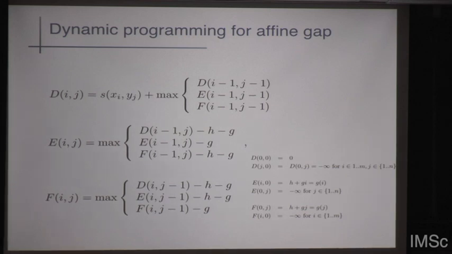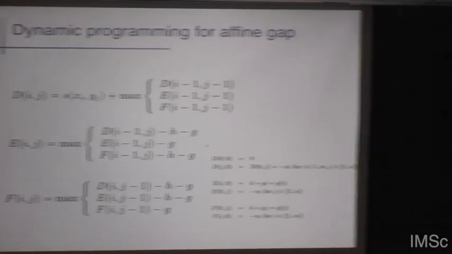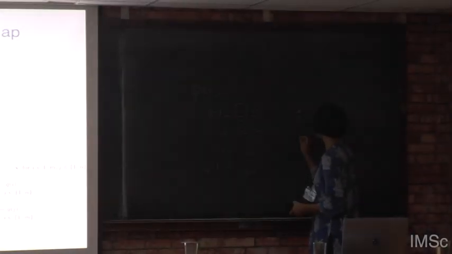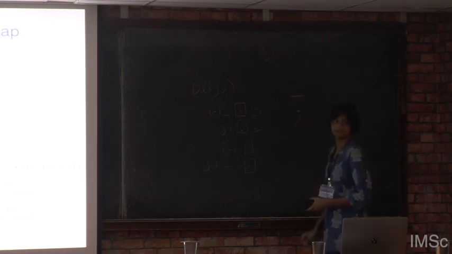So far, so why is it a new gap? Is that clear? It's a new gap because the condition is like this: when you're extending the f, that means my yj was aligning with a space, right?